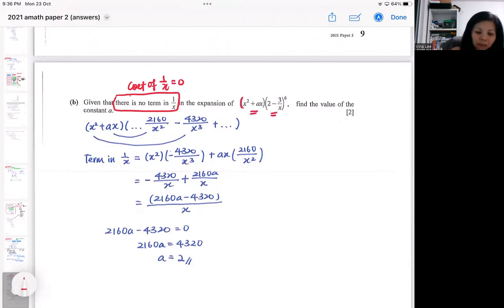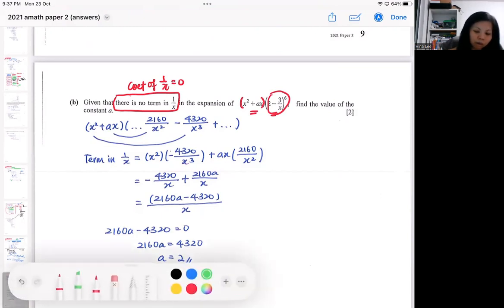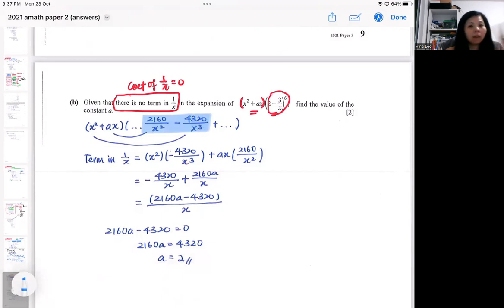This is the basic bracket that they gave us. For the expansion, I already got the 2 terms that the question mentioned in part A, so I'm just going to use the ones that I got in part A. How will these 2 terms be helpful in getting 1 over x?